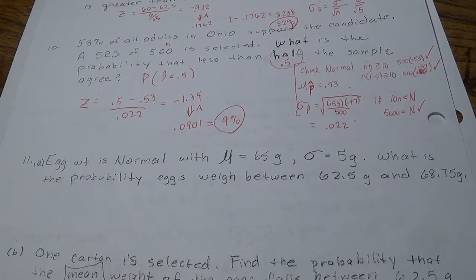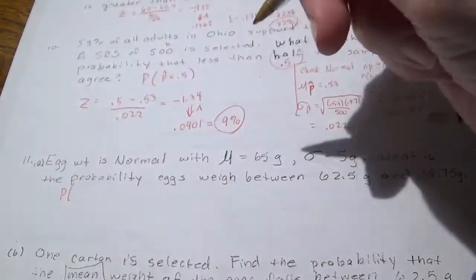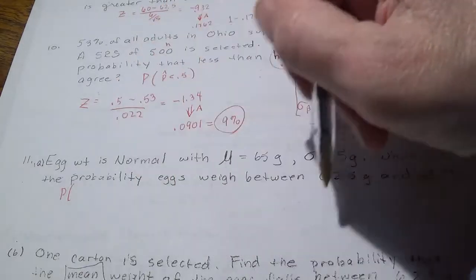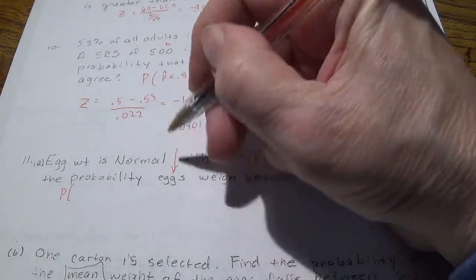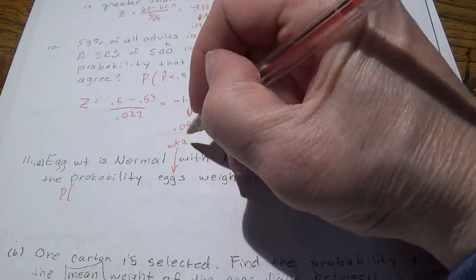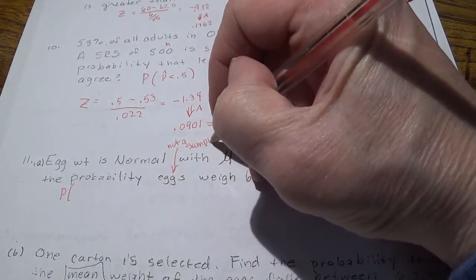All right, on number 11, egg weight is normal with the mean given as 65, standard deviation 5. What is the probability that eggs weigh between 62.5 grams and 68.75 grams? So we are looking for the probability that eggs, notice there's no sample taken here, so they're just saying eggs. So this is not a sample or a proportion.